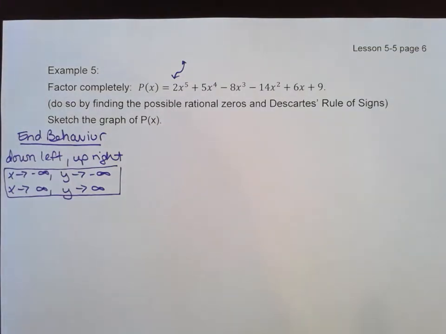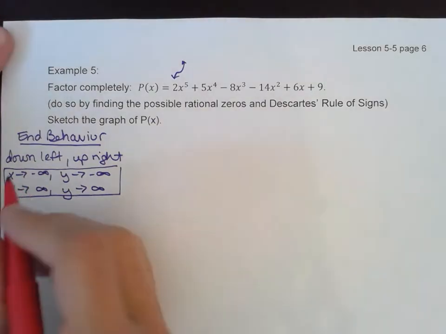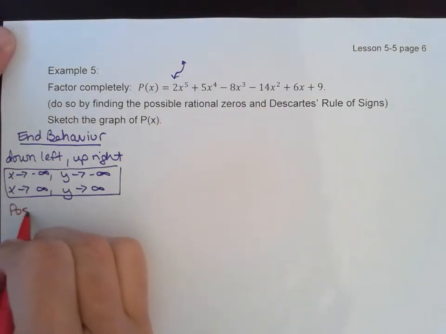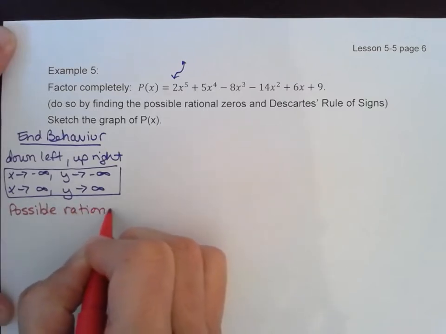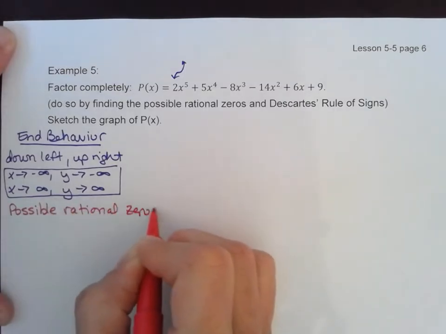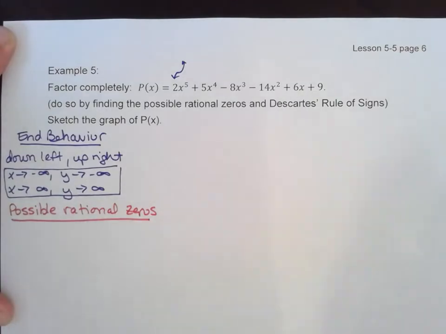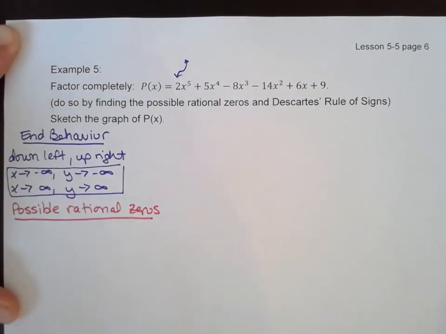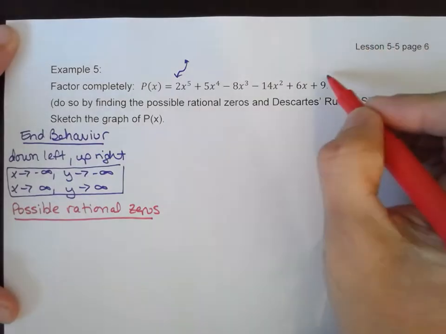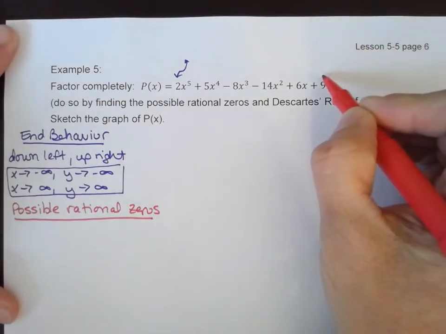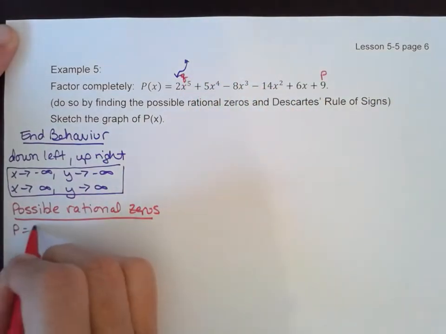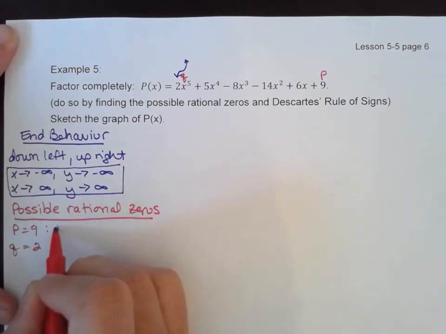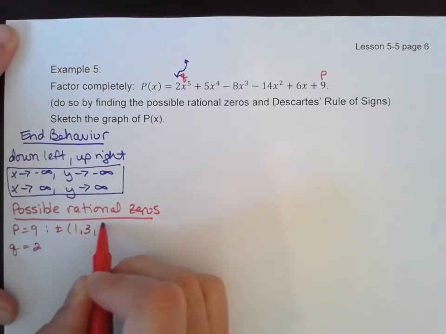The next thing that we want to do is find all the possible rational zeros. To find the possible rational zeros, you have to do your P's and Q's. So 9 is P, 2 is Q. Factors of 9 are positive and negative 1, 3, and 9.